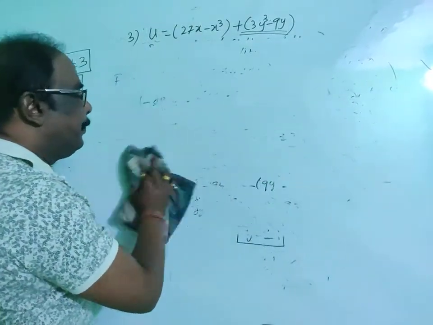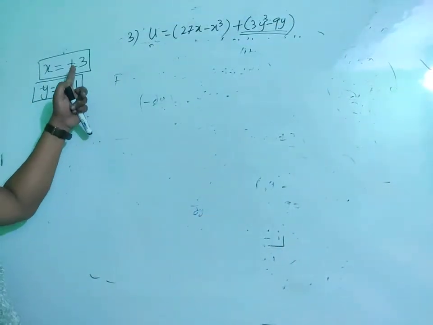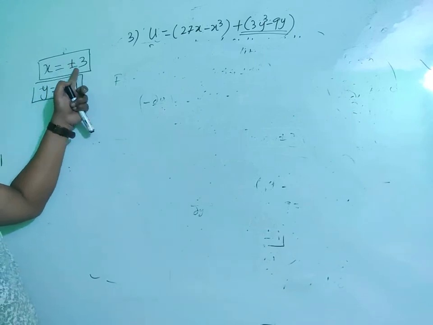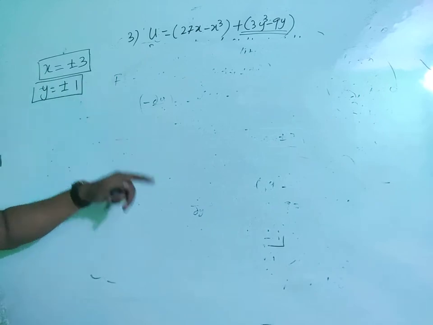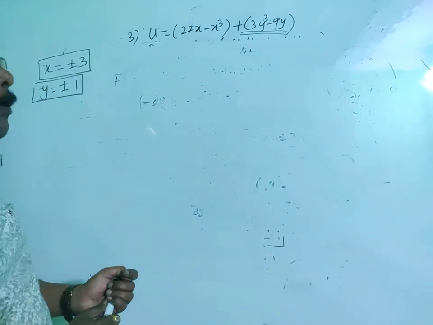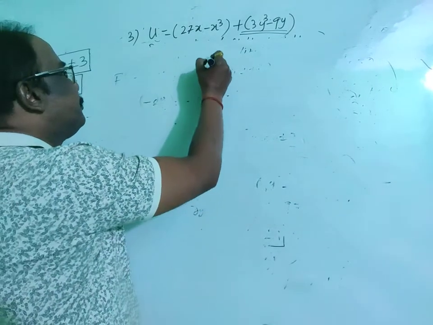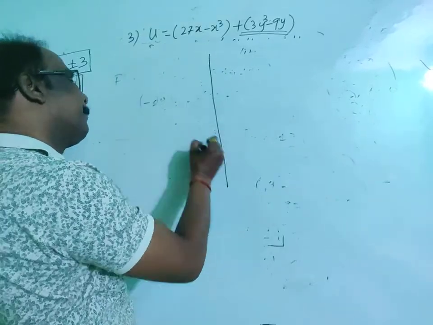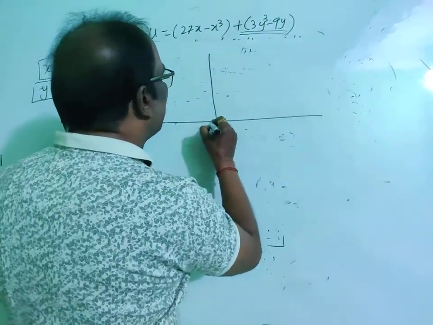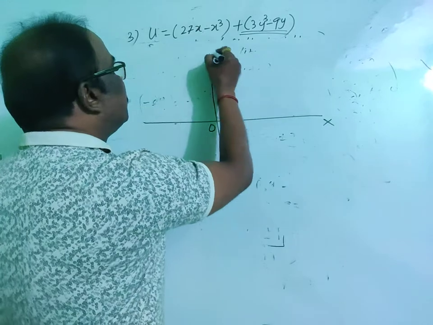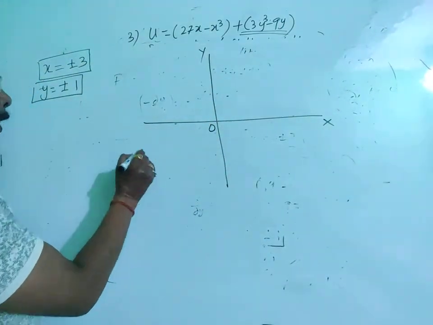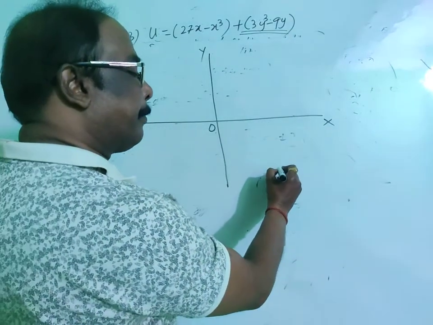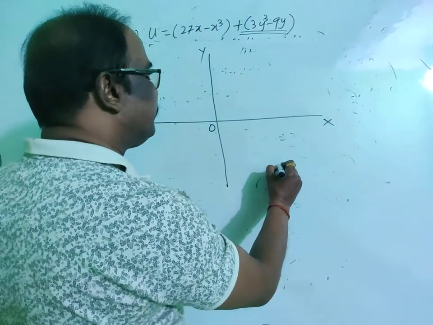We have got 4 positions: in the x direction plus 3 and minus 3, in the y direction plus 1 and minus 1. Accordingly we will get 4 points. This is the origin, this is the x-axis, this is the y-axis.